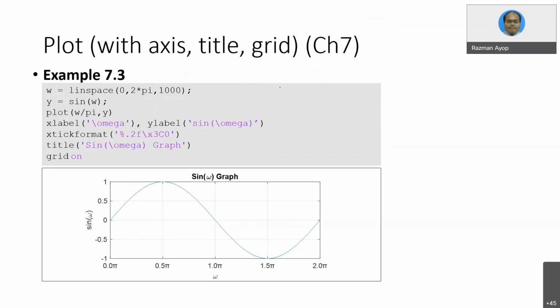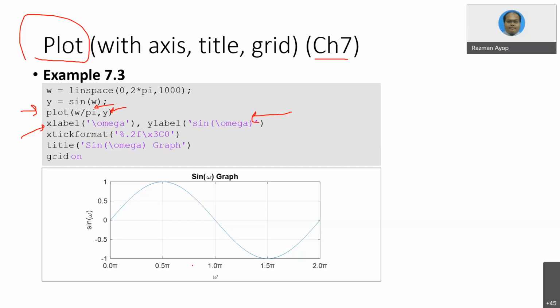Also chapter 7, which is plot. So you need to know how to use plot function. You can see here you have plot in X and in Y. So you have to plot the X and Y. Also you have to know how to write the label, X label, Y label.